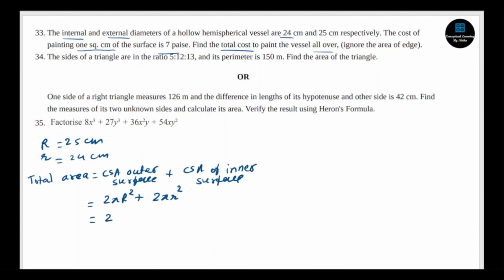Now pi is not given, so we'll take 22 over 7. Now capital R square 25 square plus 24 square. They have given the diameter, right? So 25 upon 2 I have to take and 24 upon 2 I have to take. Alright. Now if you simplify this, okay, so what do we get?